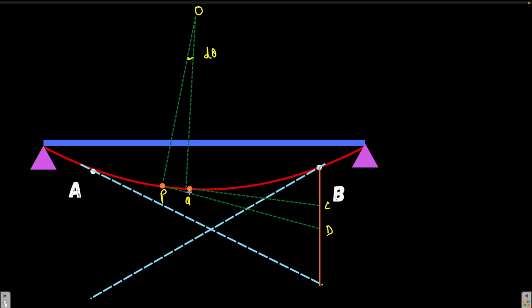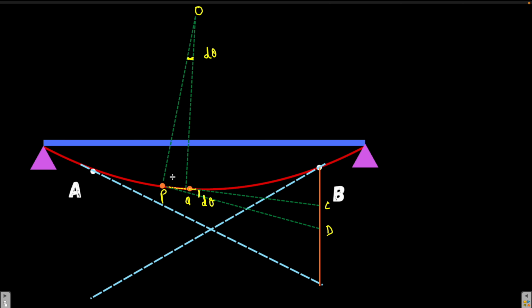Now, I have already explained that if you extend two tangents, the angle between these two tangents will also be equal to d theta. I have explained this in the previous video, so I'm not going to repeat it right now. Just understand this: if this is d theta, this angle is going to be d theta as well.